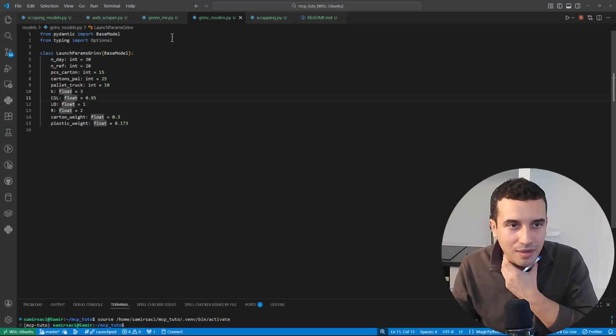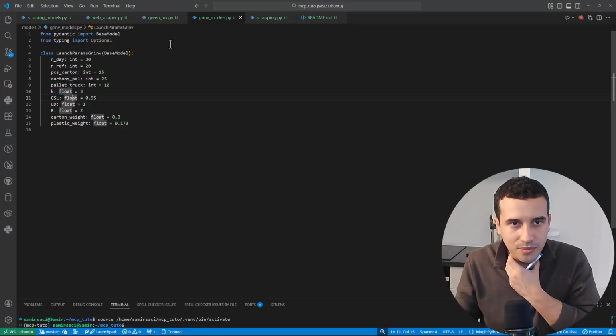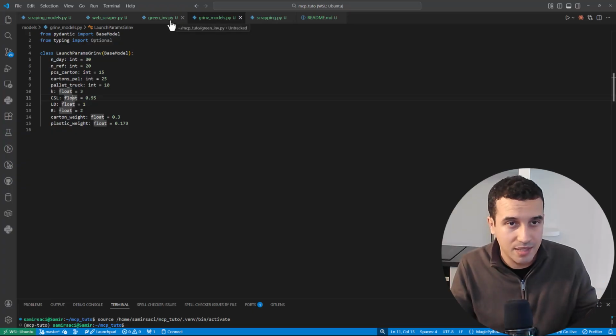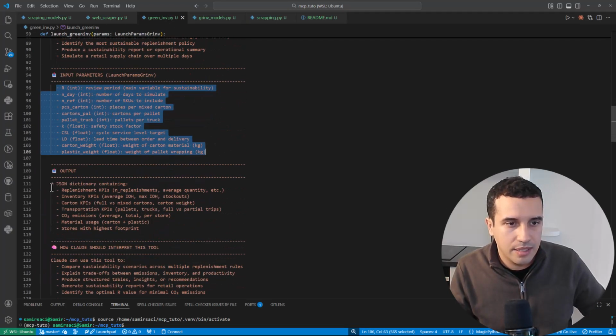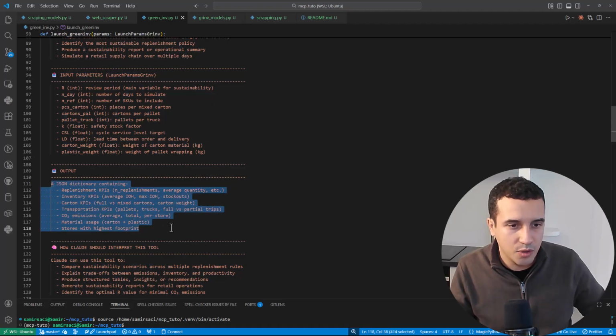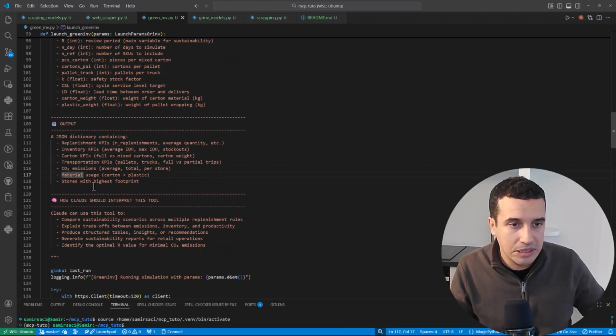So that way, when you ask to run the baseline, Claude will know that it just has to keep the default parameters. Then if I come back here, it also provides a visibility of the output: the replenishment KPIs, the inventory KPIs, the material usage.